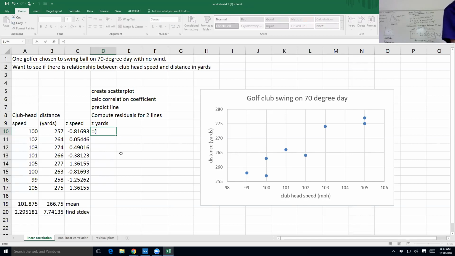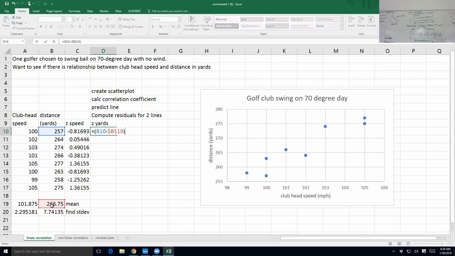You're not supposed to sit in the back if you can't see the board. It's the 257 minus 266.75. I probably want to F4 that one, right? And then I'm going to close my parenthesis.